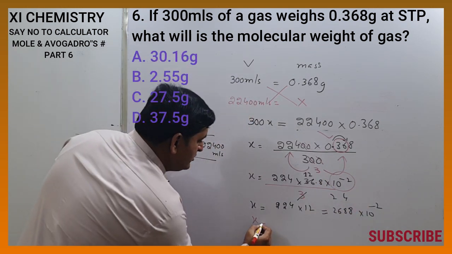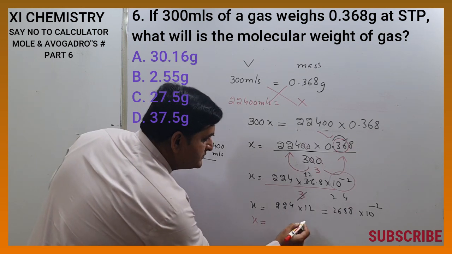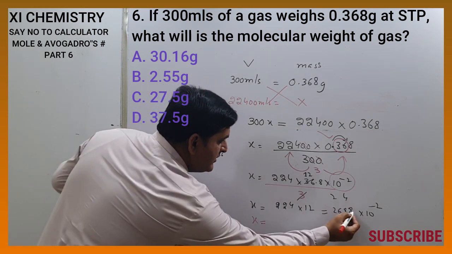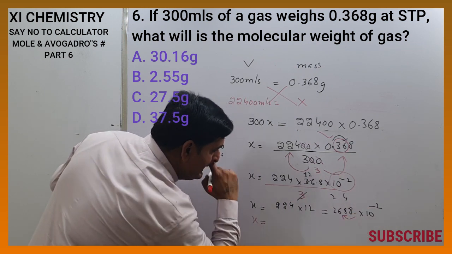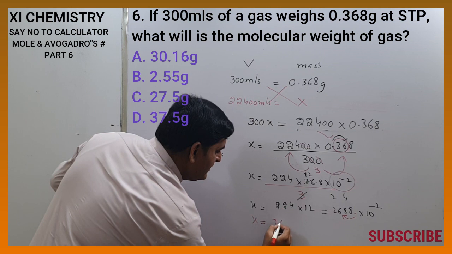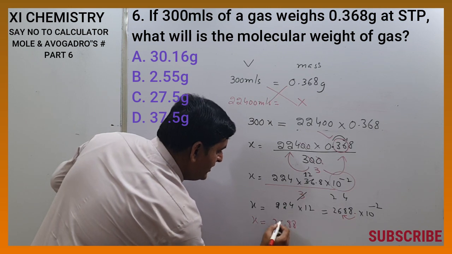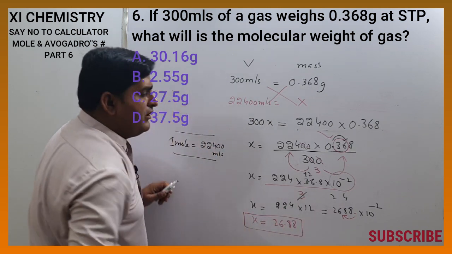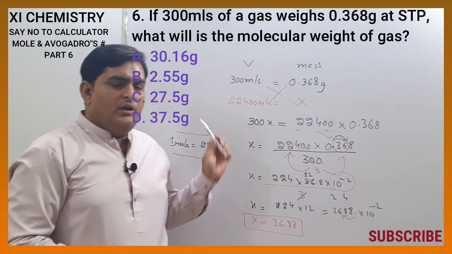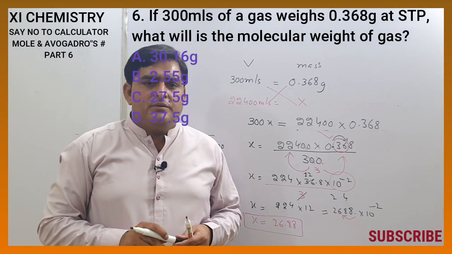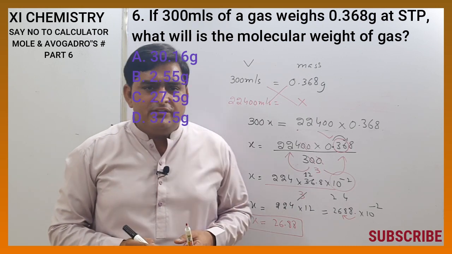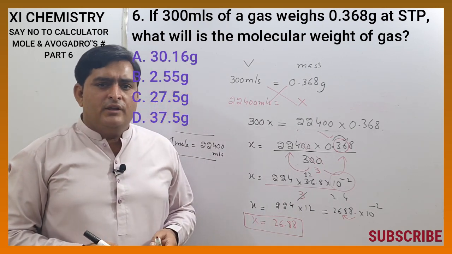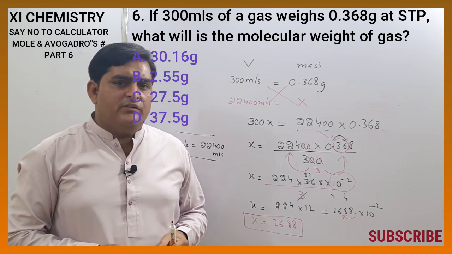So x is equal to, what should be the answer? The decimal is here. For 10 to the power minus 2, this decimal shifts toward the left side. So our answer is 6.88. Our options were 30.16, 2.55, 27.5 and 37.5.